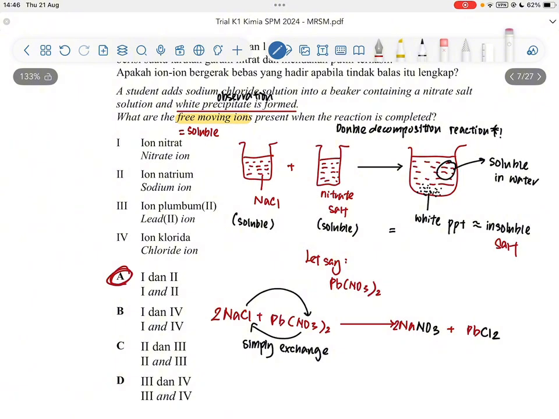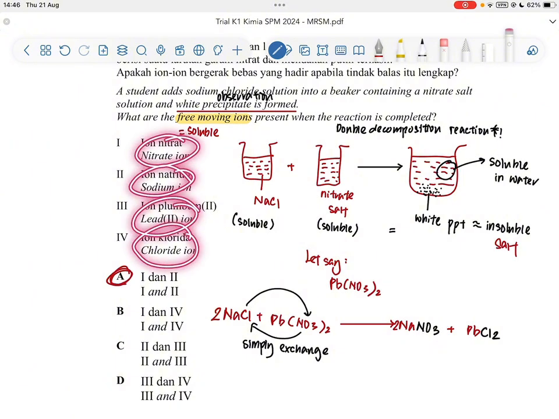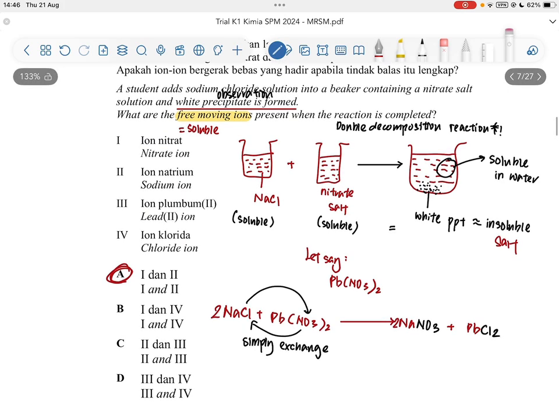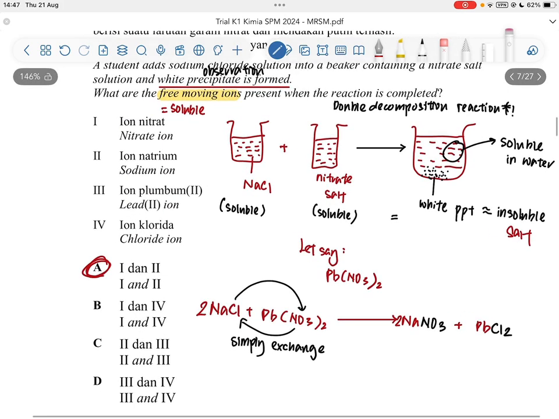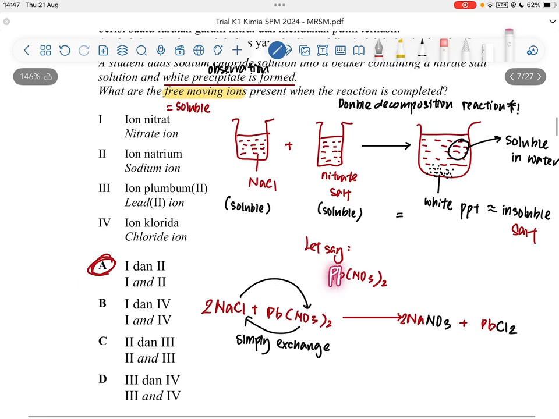According to the options given, we have nitrate, sodium, lead, and chloride. Let's say we choose the nitrate salt to have the cation lead.